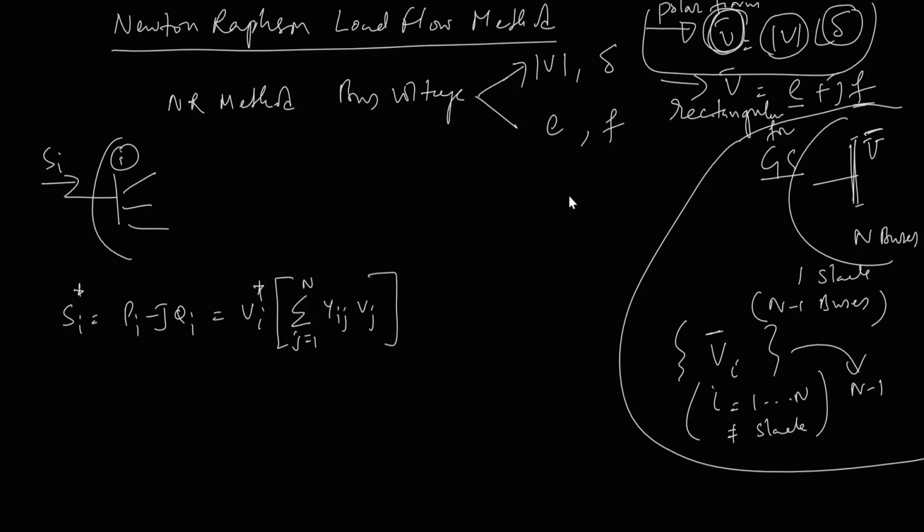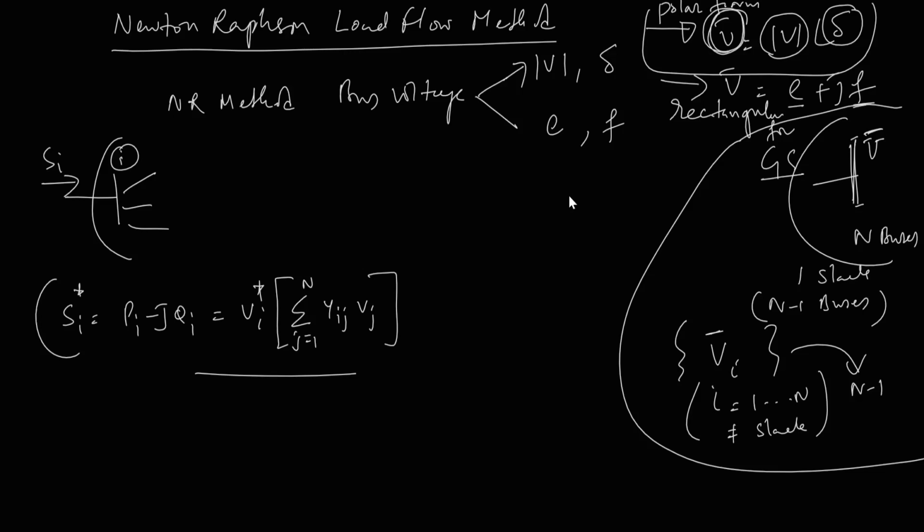To avoid taking the conjugate of the whole expression, I am using this notation Si conjugate, so I take the conjugate of only one variable, Vi. I can also write Pi plus jQi, but then I need to take the conjugate here. So to avoid that, I am taking Pi minus jQi. This is the complex power equation at a bus, right?